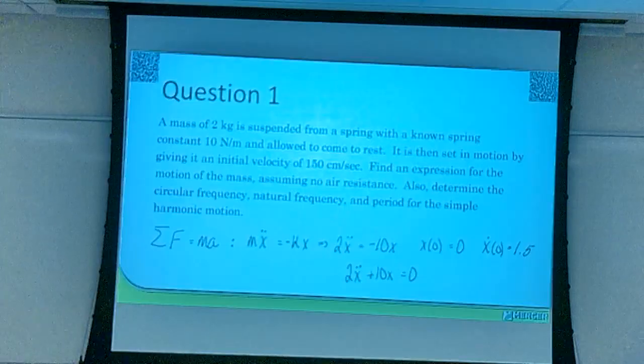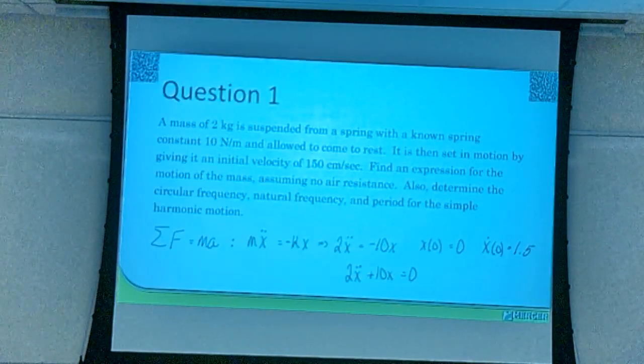2x squared plus 10. What was it? 2x squared plus, I would not use x. R, M. I wouldn't use x because x is our dependent variable here.